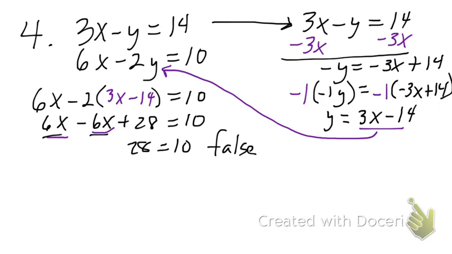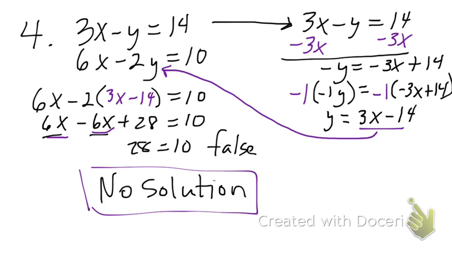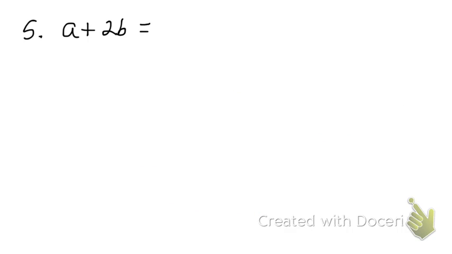Anytime you're solving an equation and you get a false statement, you're going to have no solution. In fact, we talked about graphing, and if you were to graph these two lines, you would find that they're parallel, and that's why there's no common solution. Let's move on to our last example.